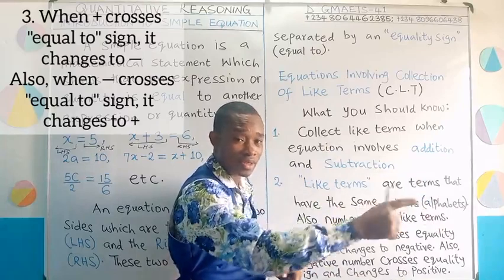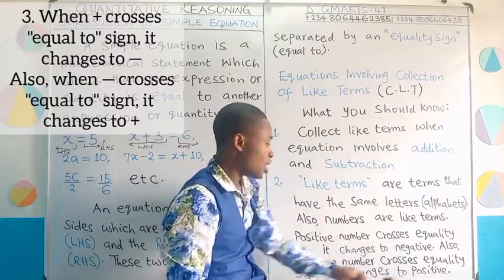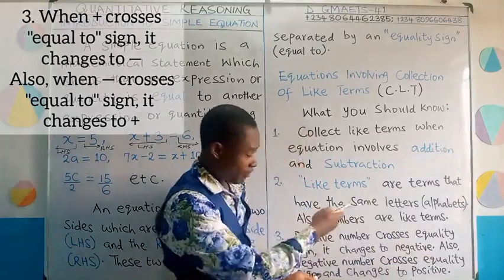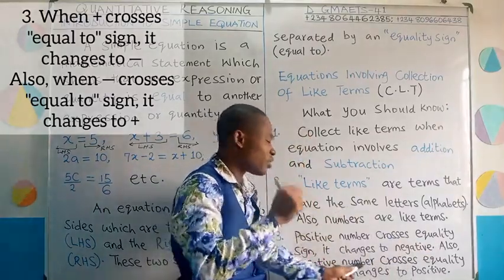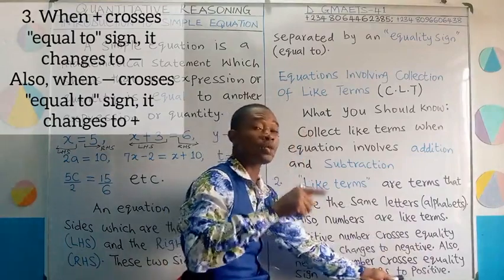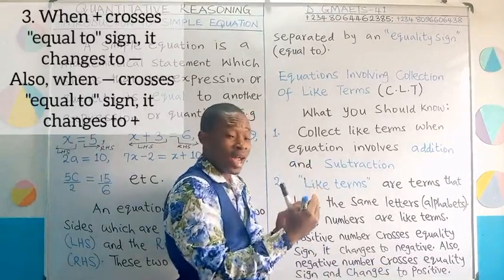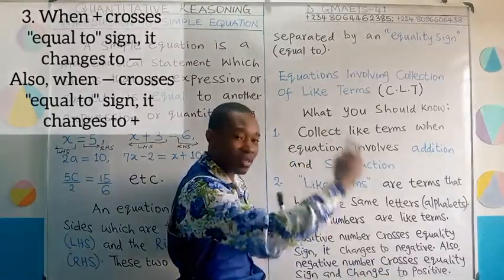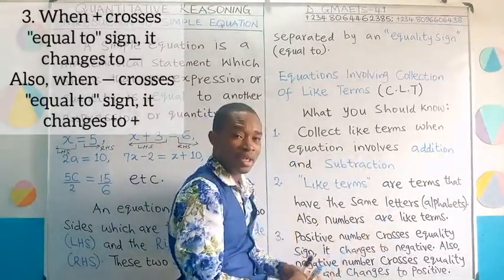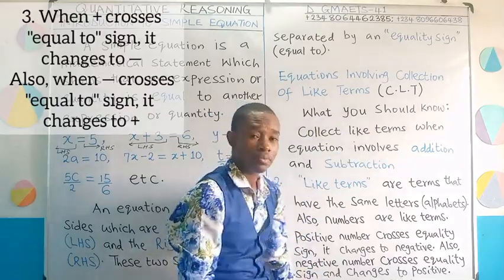Minus, where it is crossing to. It will change to negative, which is minus. Then we also have, negative number crosses equality sign and changes to what? Positive. So if you have minus a number, and that minus a number is crossing the equal to sign, that minus will change to what? Plus, where it is crossing to.